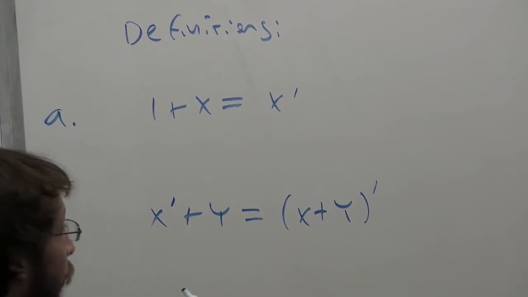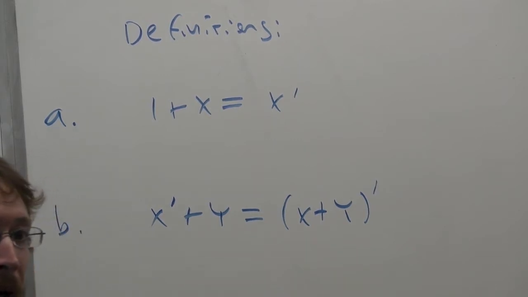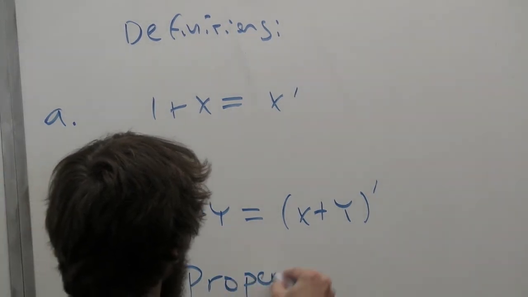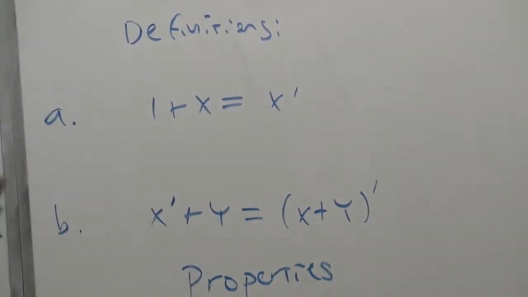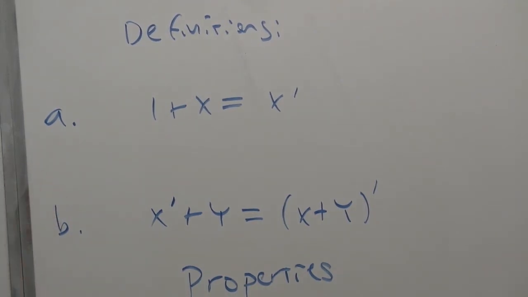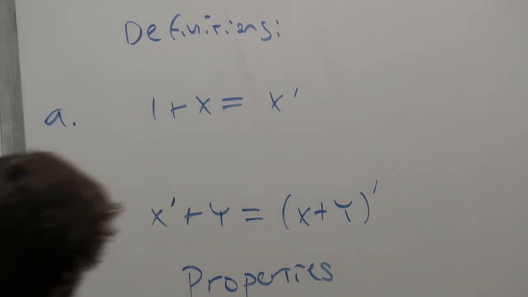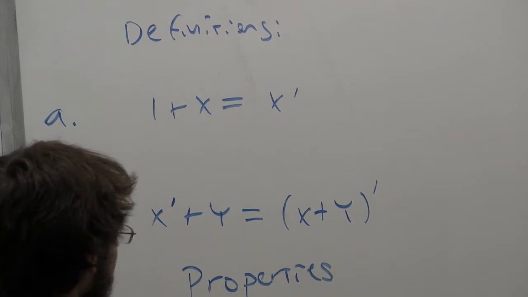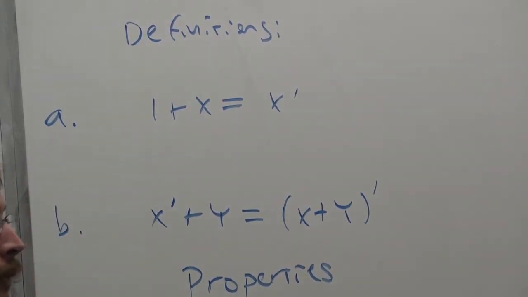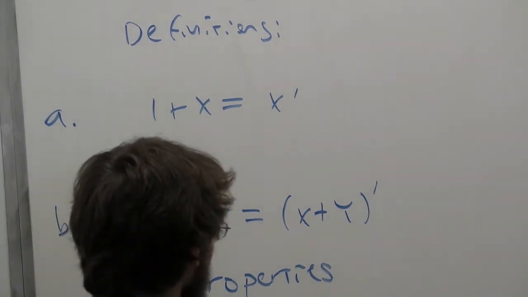Now, Theorem 4 was all about proving that it has a couple of key properties. The first property, let's call it alpha, says, what if you happen to add those in a different order? Is that also going to equal x successor?